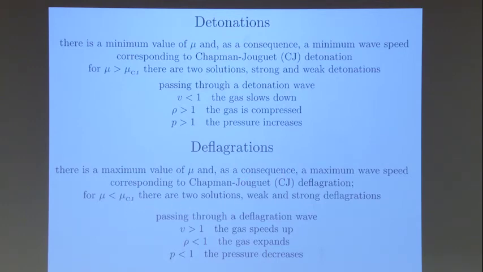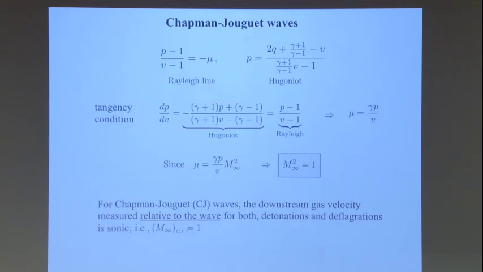Otherwise, there are two solutions, a weak and a strong deflagration, and through a deflagration, the gas speeds up, the gas expands, the density decreases, and the pressure decreases, okay? So it is the properties of these two waves that define what we call deflagration and what we call detonation.